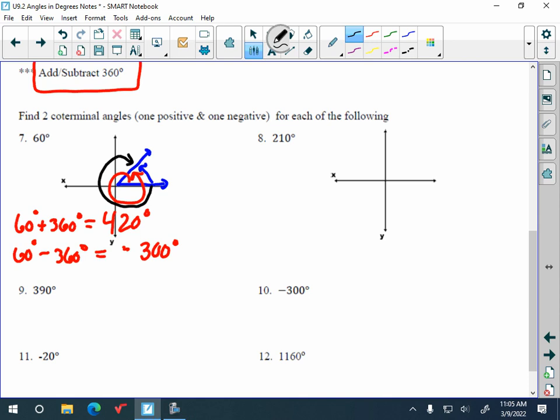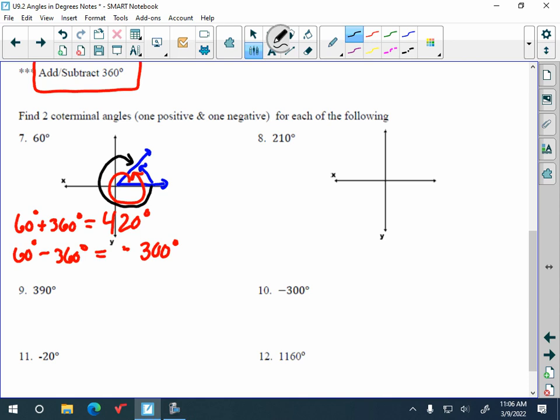It's starting and ending at the exact same spot that the 420 and the 60-degree angle is. So all three of these are coterminal together because they start and end at the exact same spot. That's the one they give you. They give you the 60, and they're asking for one positive and one negative coterminal angle to 60 degrees. So we found a positive one, 420, and we found a negative one, negative 300.